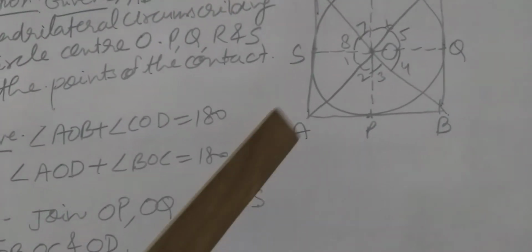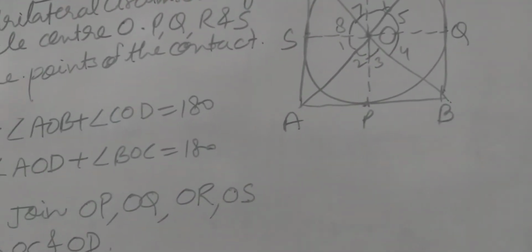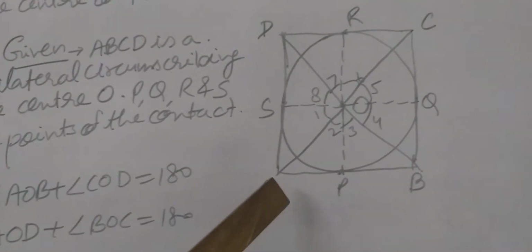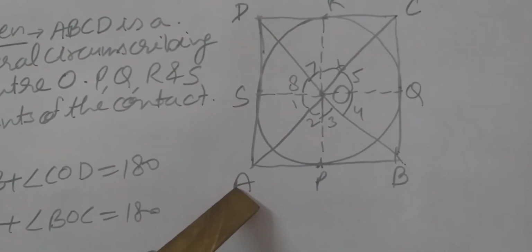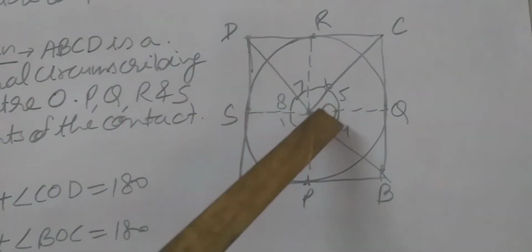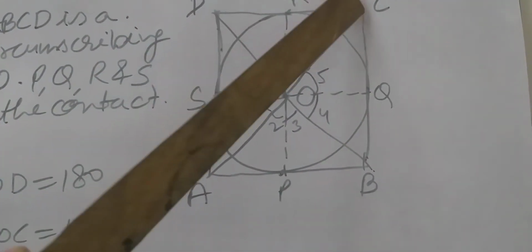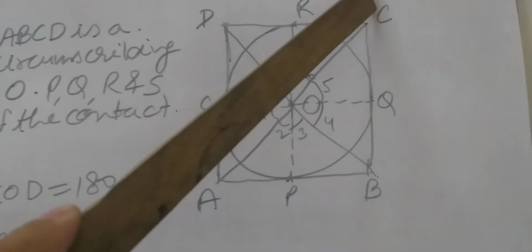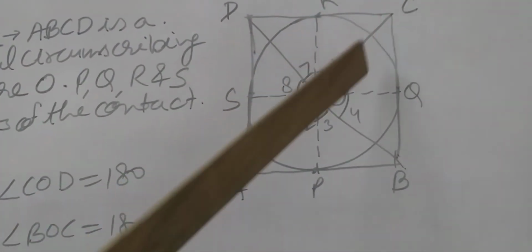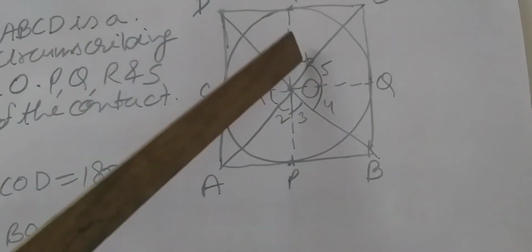Correct? Students, we have supposed here angle 1, angle 2, angle 3. So what we have to prove here? We have to prove angle AOB plus angle COD equals 180 degrees. Opposite sides are AB and CD. So AB subtends angle AOB at the center and CD subtends angle COD at the center.